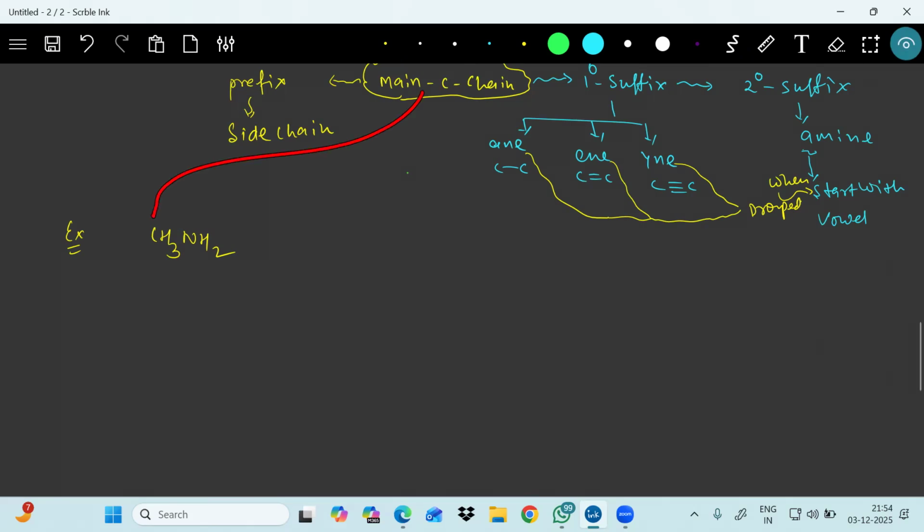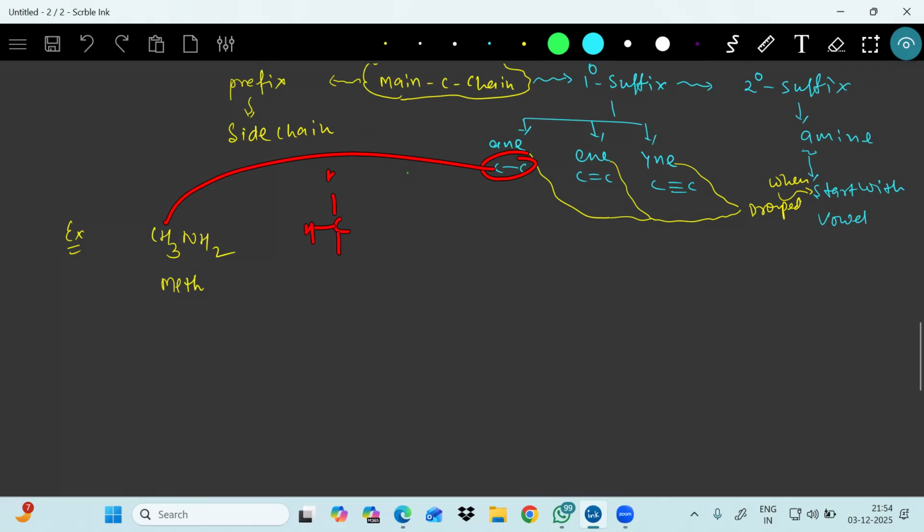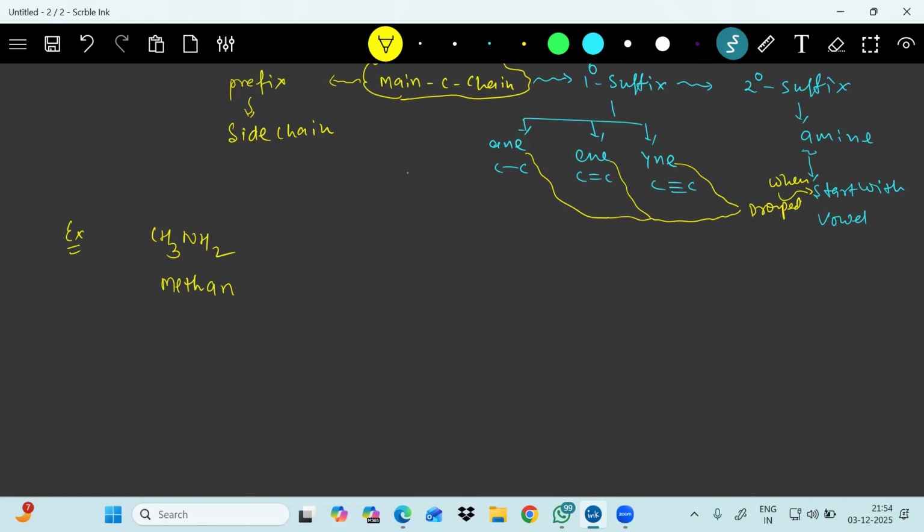So the name is meth. The primary suffix: there is only a single bond, so it will be ane.